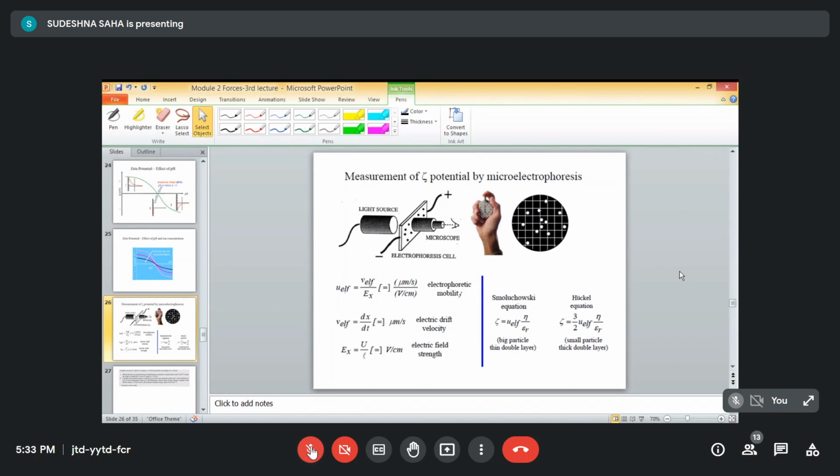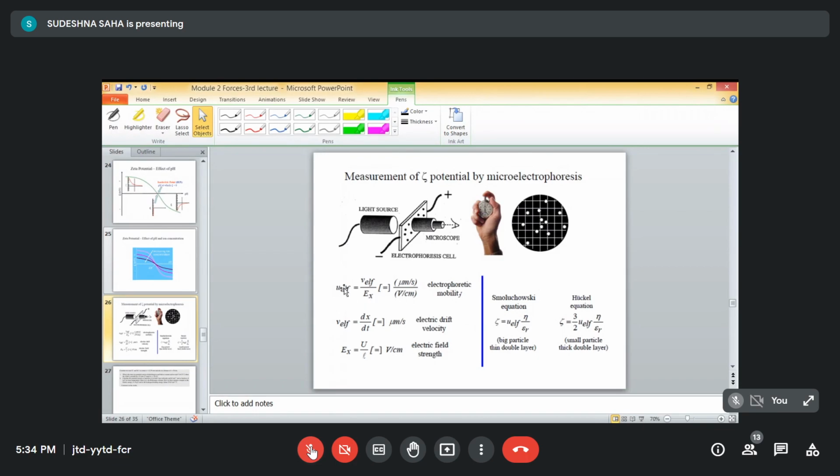Okay. Now, the U_E, that is nothing but the electrophoretic mobility, can be given by the electric drift velocity divided by the electric field strength, and this electric drift velocity can be given as dx/dt, where x is nothing but the distance covered at a certain time t, and E can be given in terms of V by L, that is the electric field strength. Okay, that is volt per centimeter in that format.